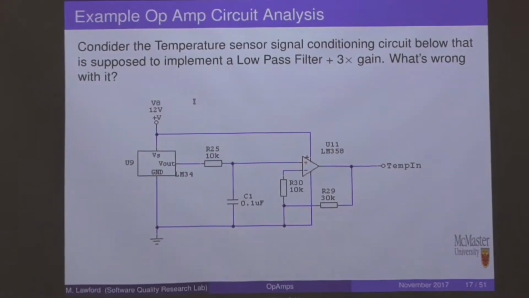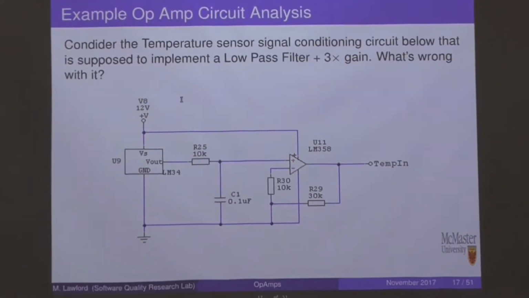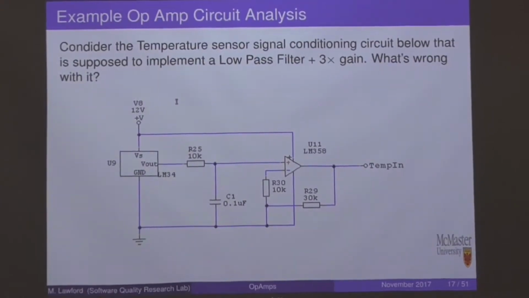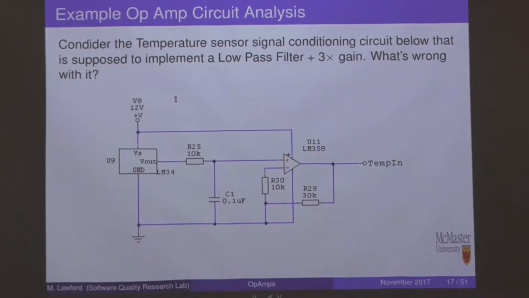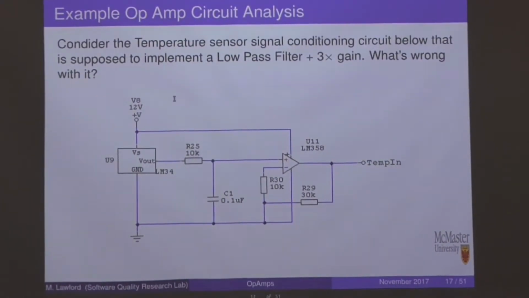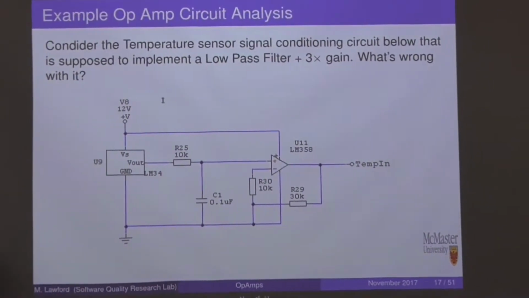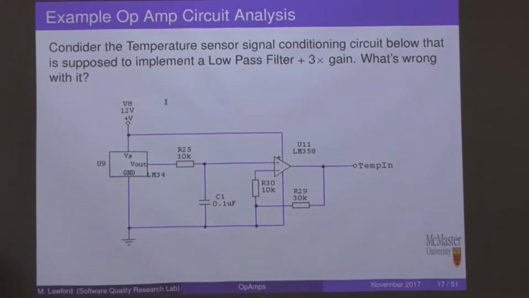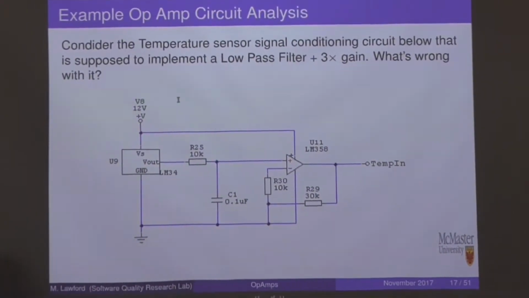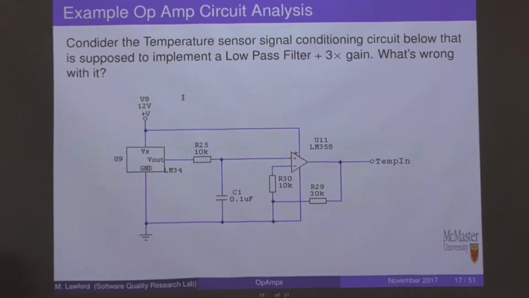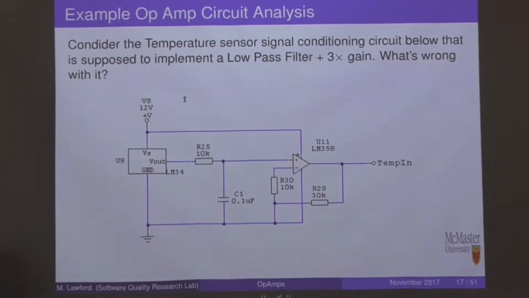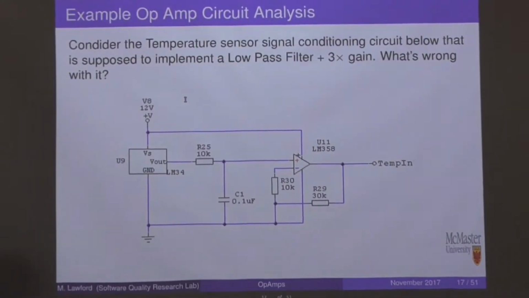Consider the temperature sensor signal conditioning circuit below that is supposed to implement a low-pass filter with 3 times gain. What is the problem with it? Anybody?